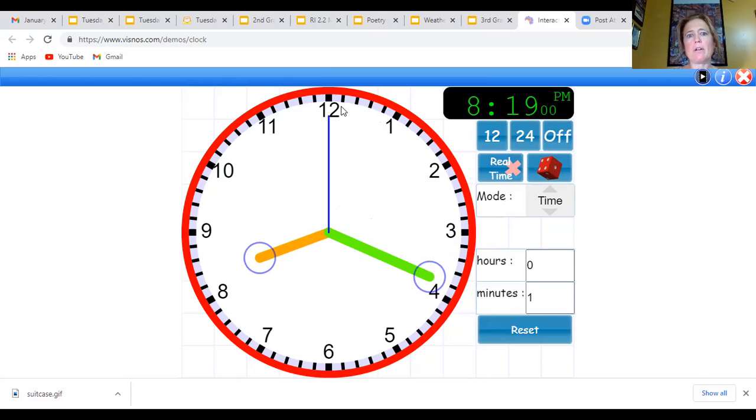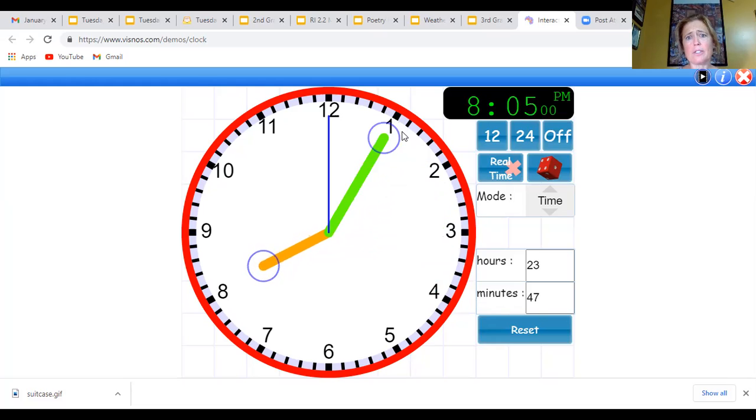If you remember, the larger numbers here are counting by fives. So we start here, and the 1 is 5 minutes because here are these smaller tick marks. 1, 2, 3, 4, 5. So if I put this here, you'll notice my time changes to 8:05.